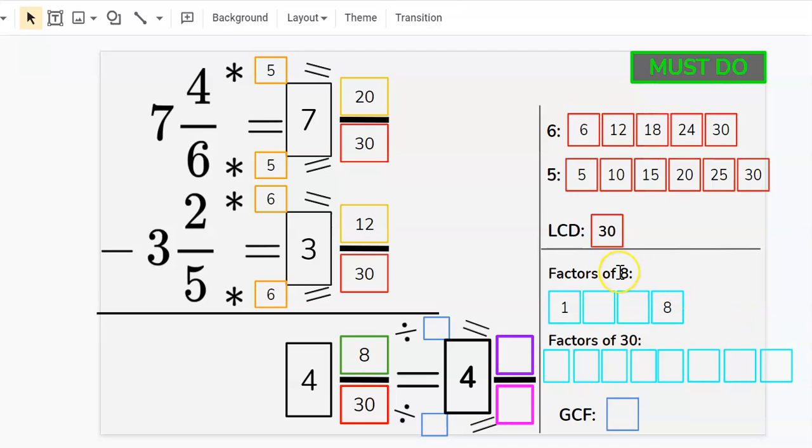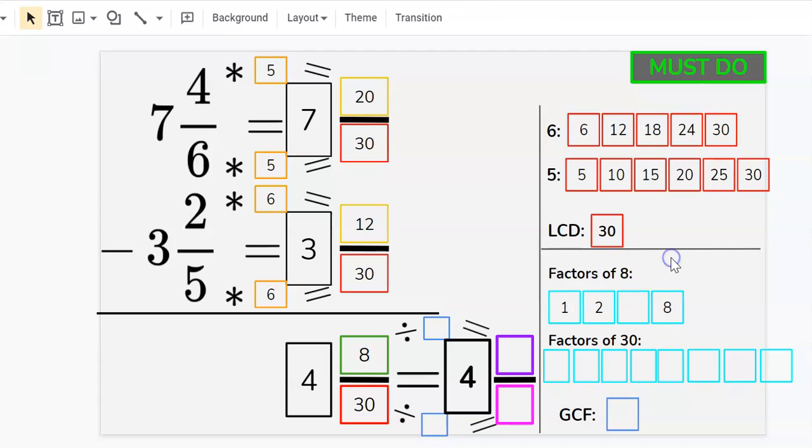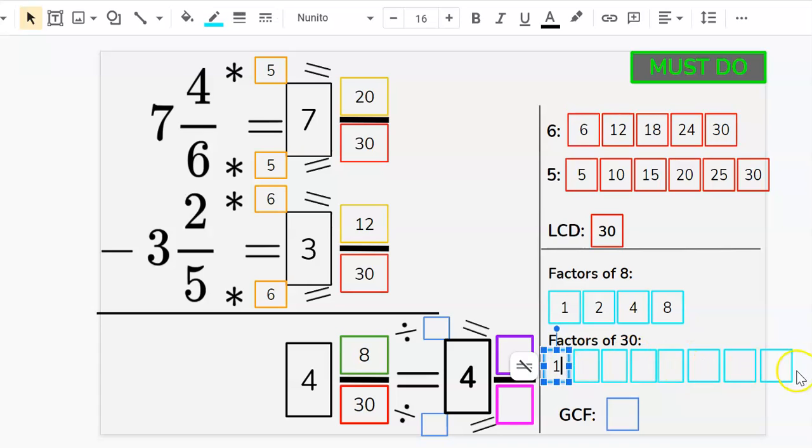And then we see, is 2 a factor? Well, we always look to see if it's an even number to see if 2 is a factor. Remember that numbers that have a 0, 2, 4, 6, or 8 in the ones place are multiples of 2. This has an 8 in our ones place. That means 2 is a factor. If I count by 2's, 2, 4, 6, 8, it takes me 4 2's to get to 8, so 2 times 4 is 8. For 30, again, I start with 1 and the number itself, 1 and 30.